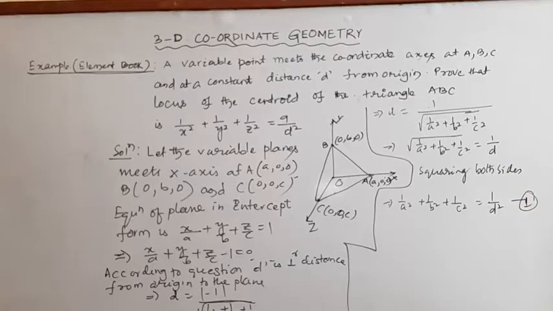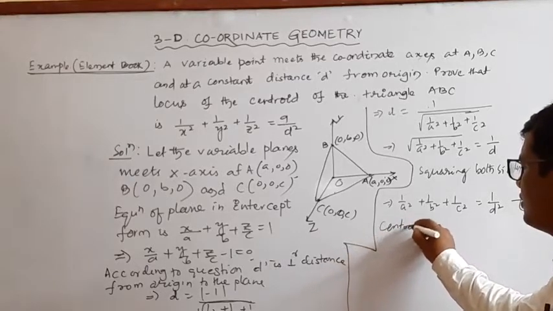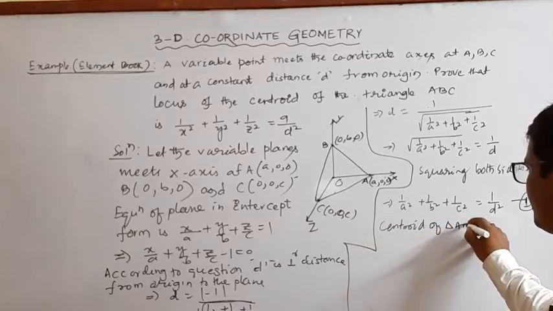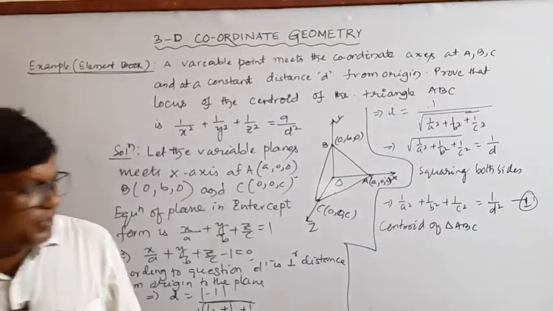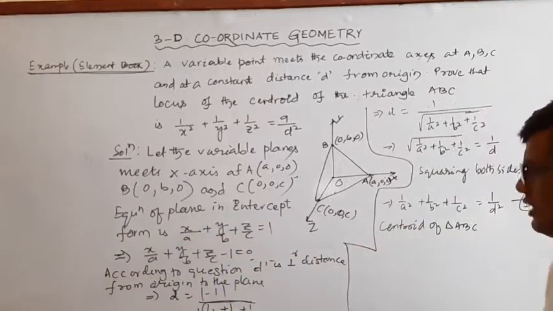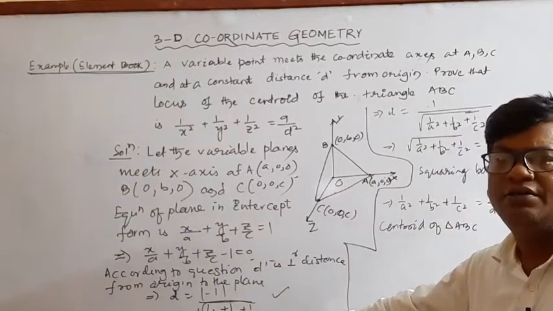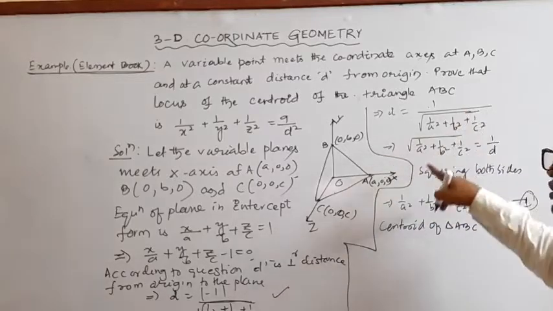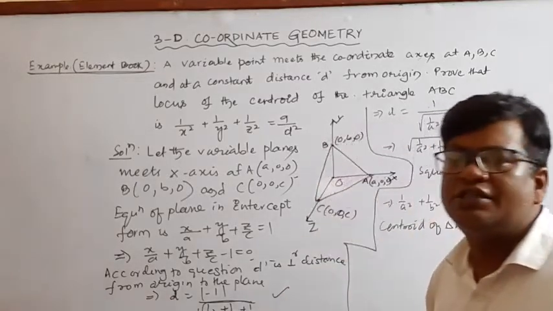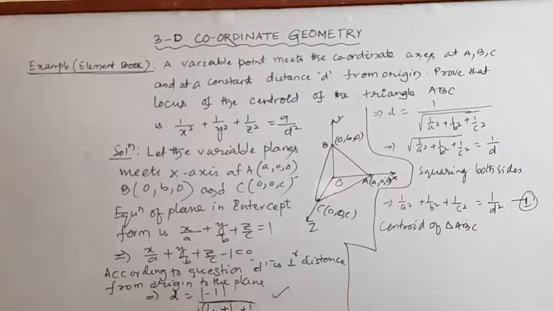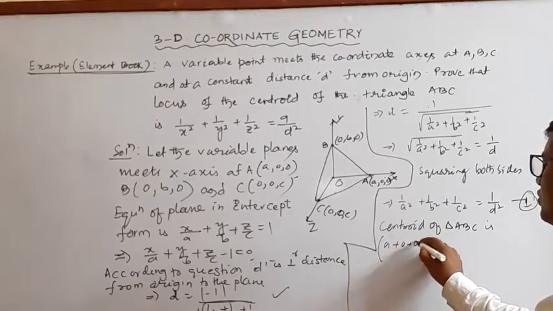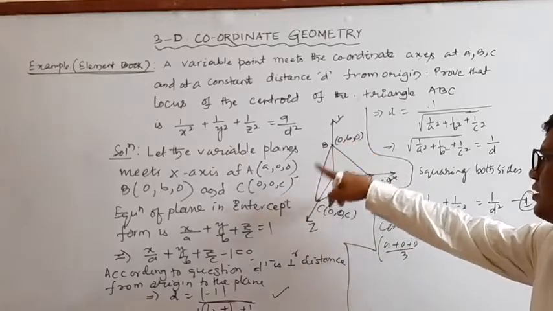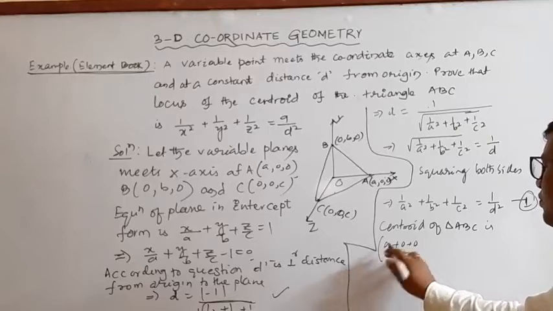And now the centroid of the triangle ABC is x1 plus x2 plus x3 divided by 3, y1 plus y2 plus y3 divided by 3, z1 plus z2 plus z3 divided by 3.